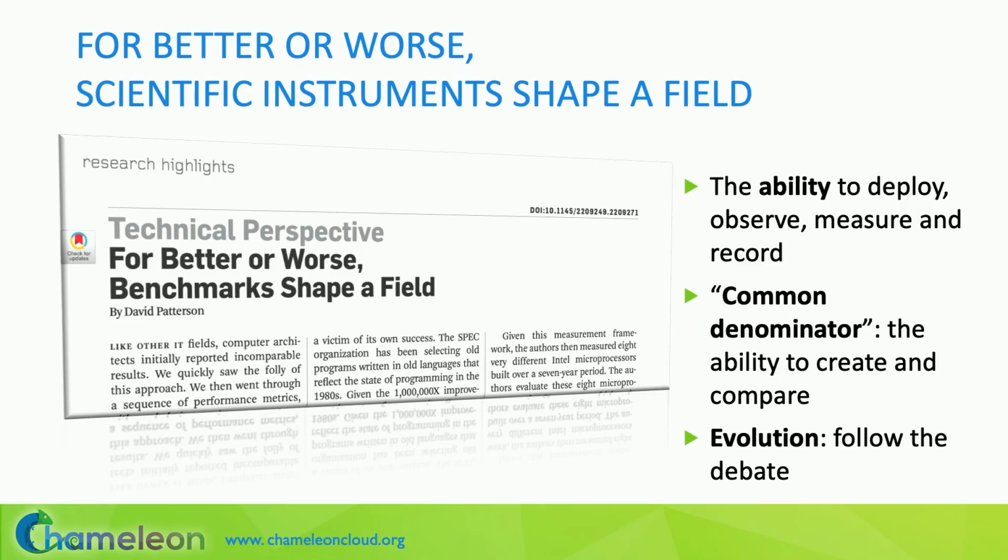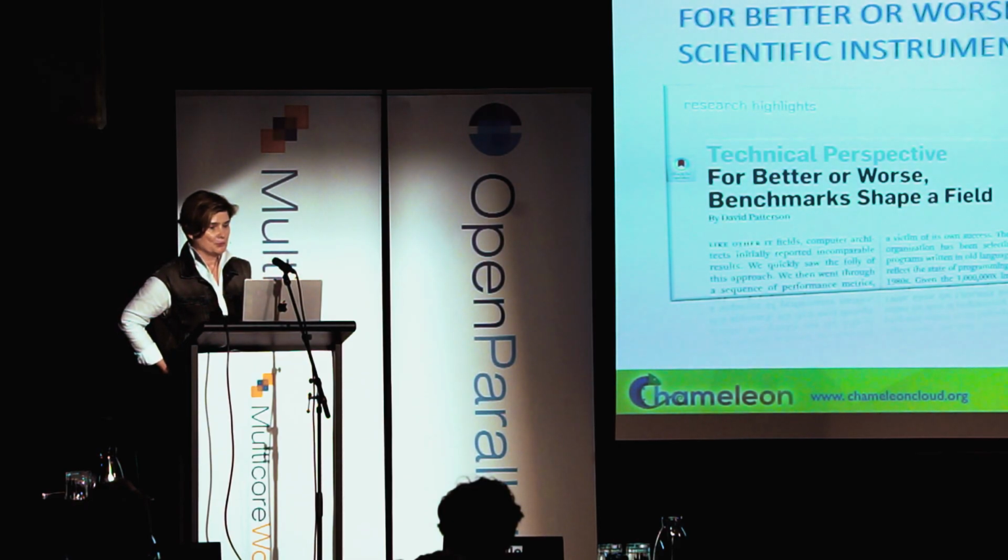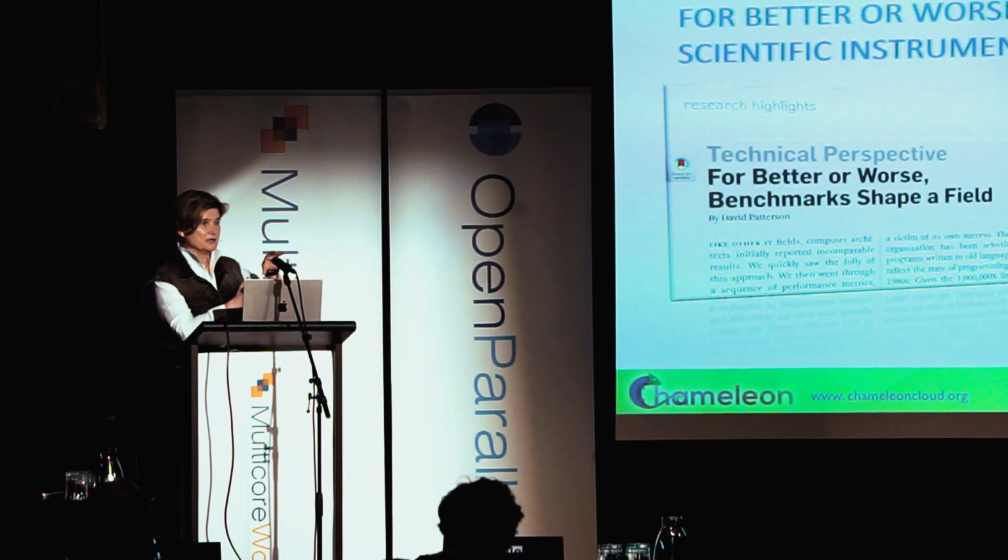I heard David Patterson being mentioned already today. He wrote this lovely editorial entitled "For Better or Worse, Benchmarks Shape a Field," in which he made the point that benchmarks are essentially a common denominator, right? A common denominator that allows us to compare between different approaches, and as such are essential to stimulating the debate in the field.